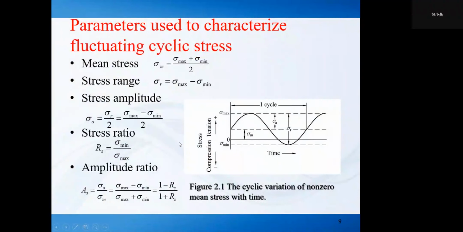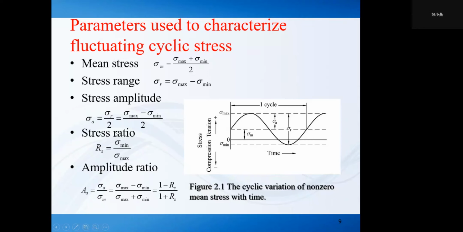For fluctuating stress, stress variations are characterized by 5 parameters: the maximum stress, the minimum stress, the mean stress, stress amplitude, and stress ratio.